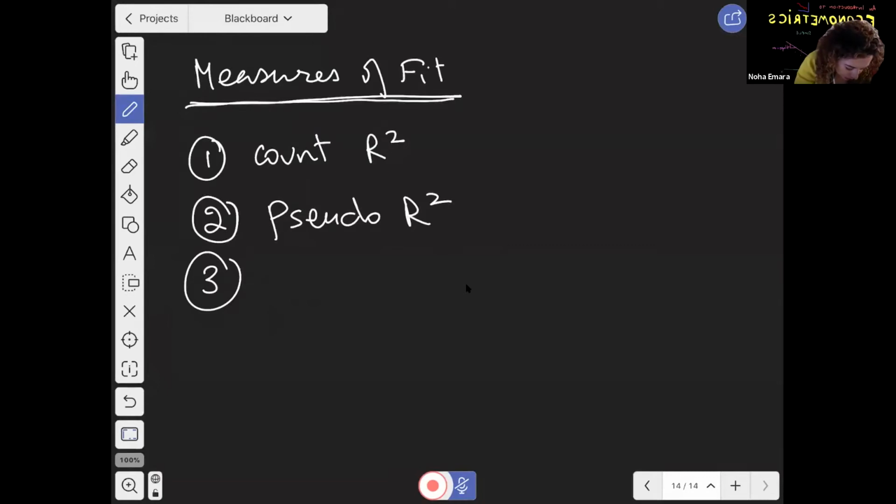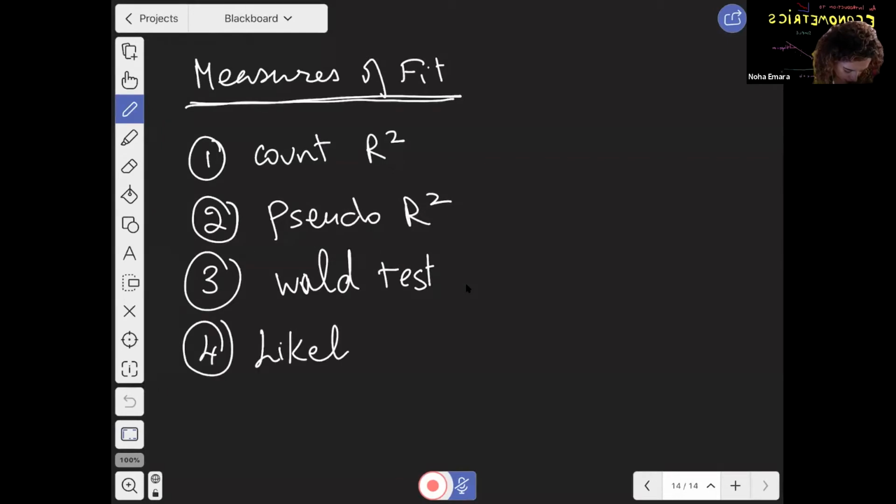So the Wald test, and then the likelihood ratio test, okay, and I think I'm going to stop here. So I'm going to give you like 4, okay?